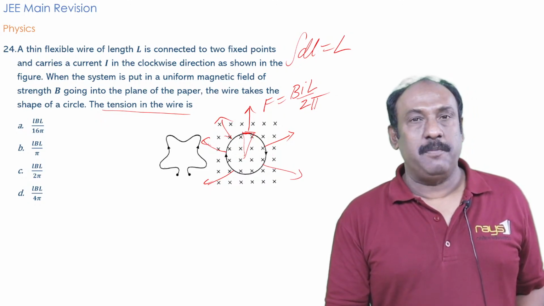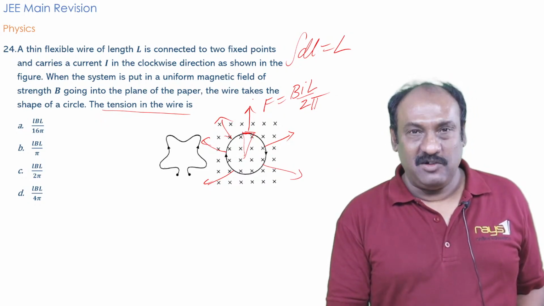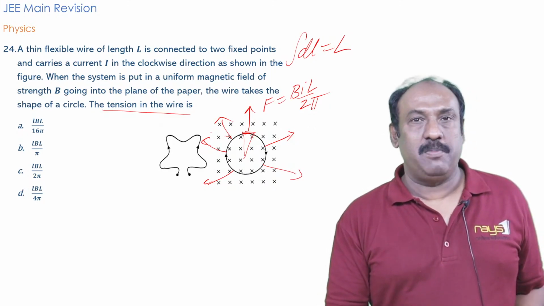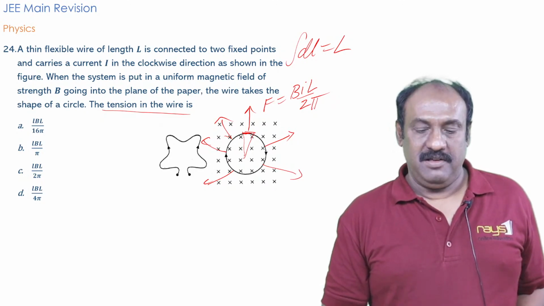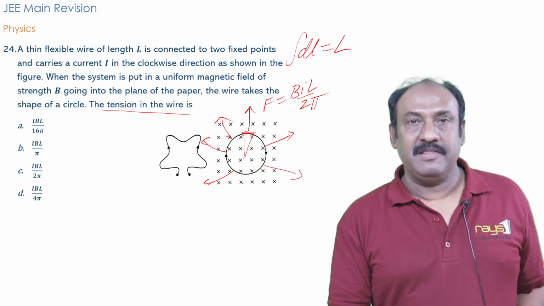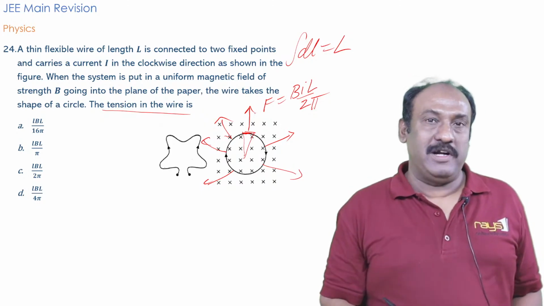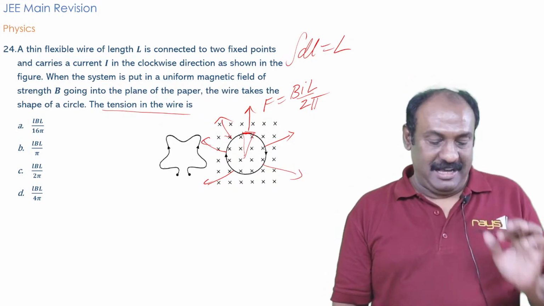We considered components on both sides. The net tension towards the center is 2T sin d theta by 2, and these horizontal components cancel each other. Now this is balanced by the force from the magnetic field on this elementary strip, which acts in the radially outward direction, that is F equal to 2T sin d theta by 2.